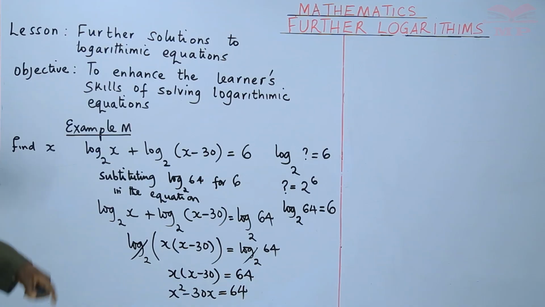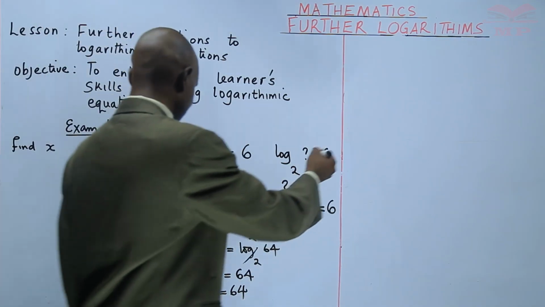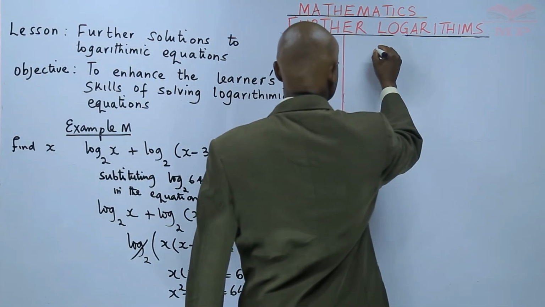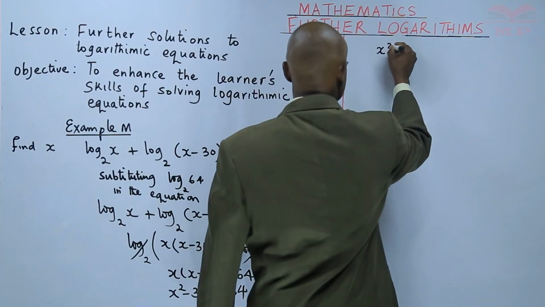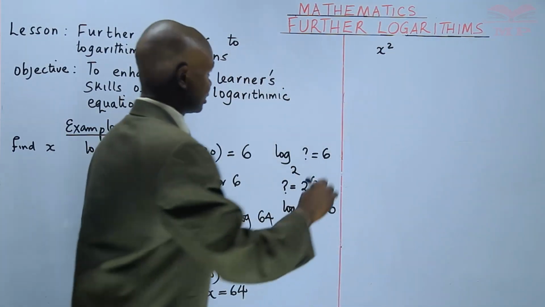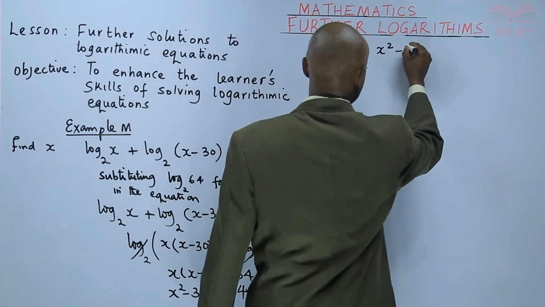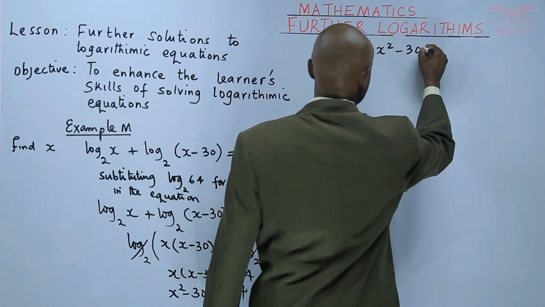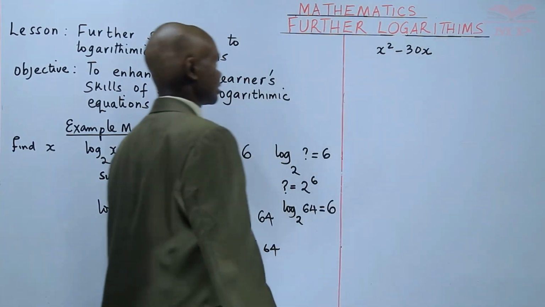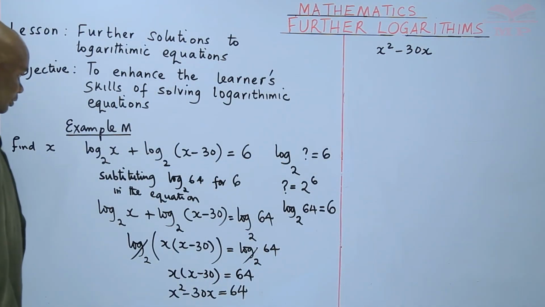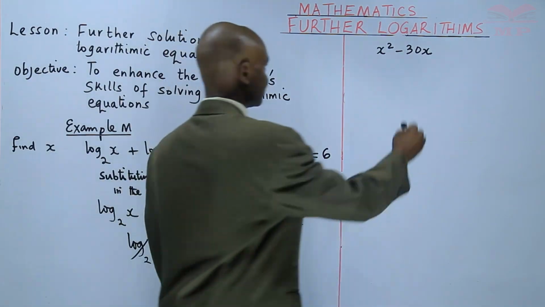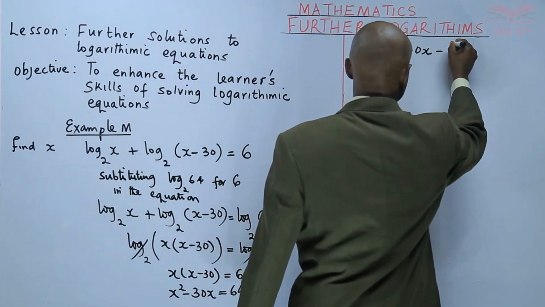So we'll move it to the other side and have x squared minus 30x minus 64.